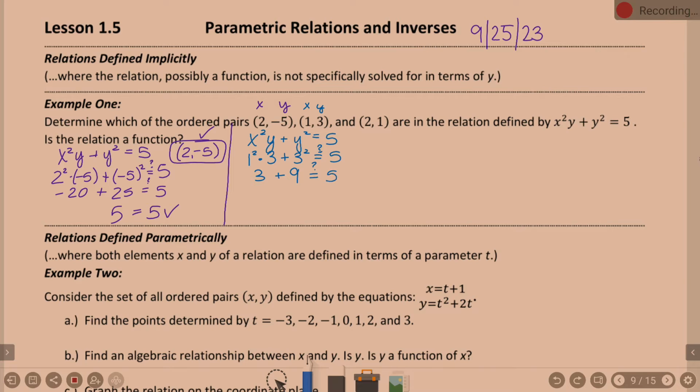What is 3 plus 9? 12, I think. And what do we know about 12? It does not equal 5, does it? So, does the ordered pair 1, 3 work? It does not work.